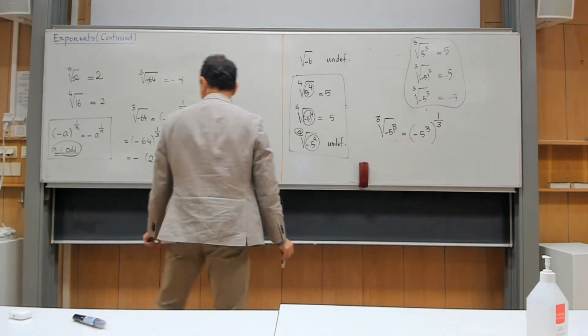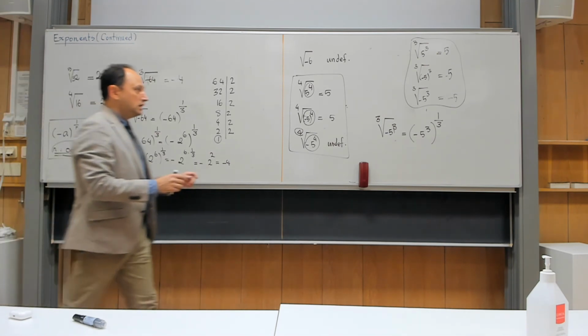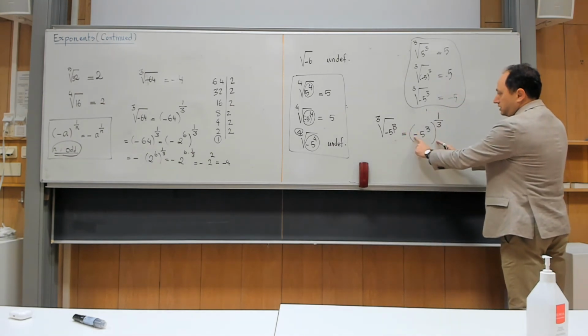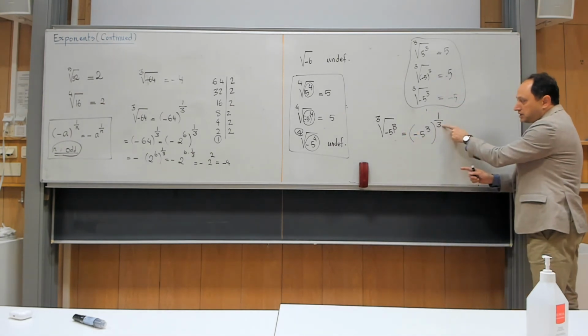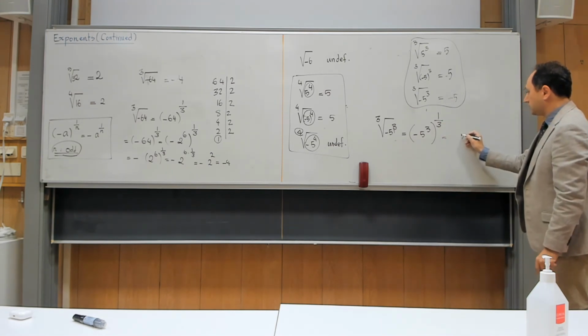But I just told you here, you see, if I have a negative sign in a pair of brackets, and if n is odd, I am allowed to remove the pair of brackets. Yes? So you see, here I have a pair of brackets, I have a negative sign, and this number is odd, so I am allowed to remove the pair of brackets.